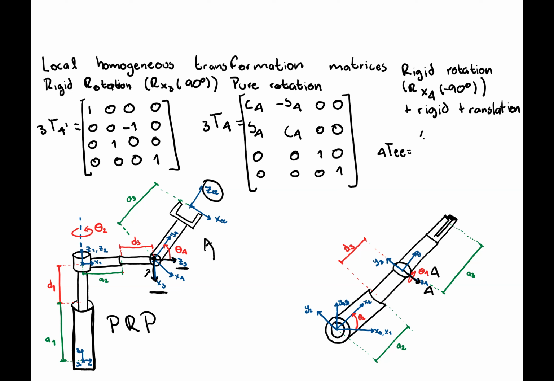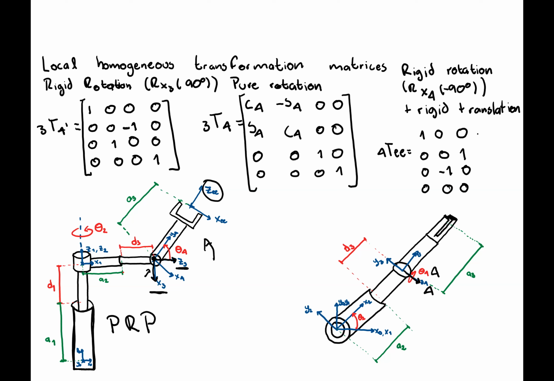Okay, and this becomes 1, 0, 0, 0, 0. Yes, and this makes sense with respect to the previous one because this is a minus sine of minus 90. It becomes 1, and then this is 0, minus 1, 0, 0, 0, 0.